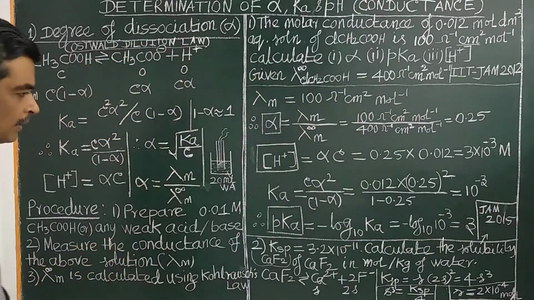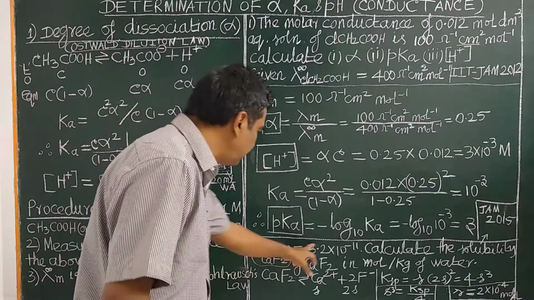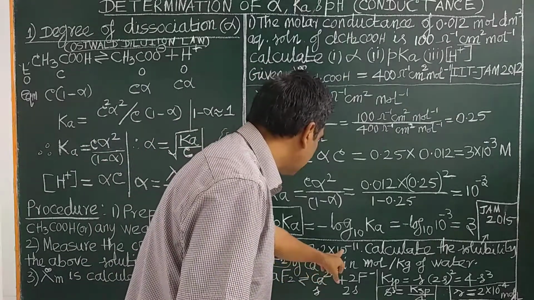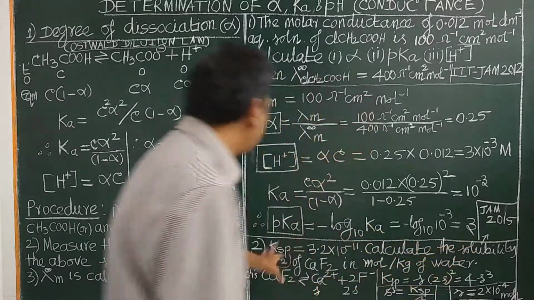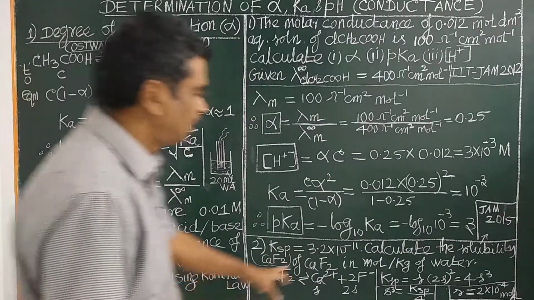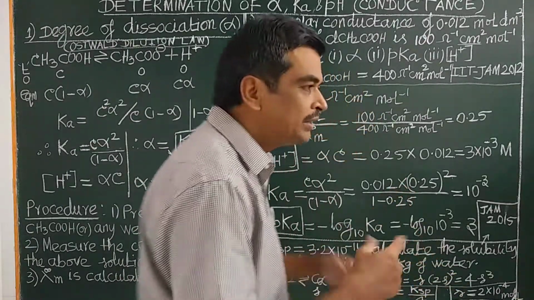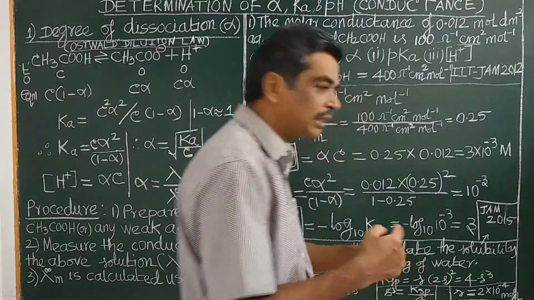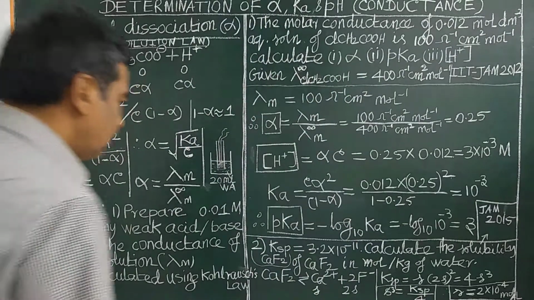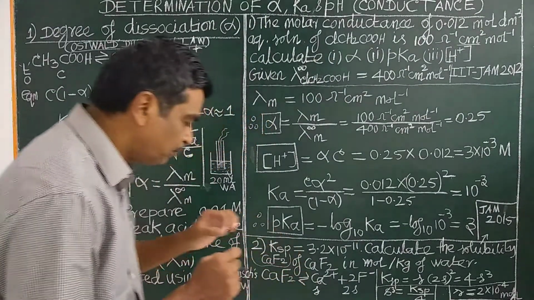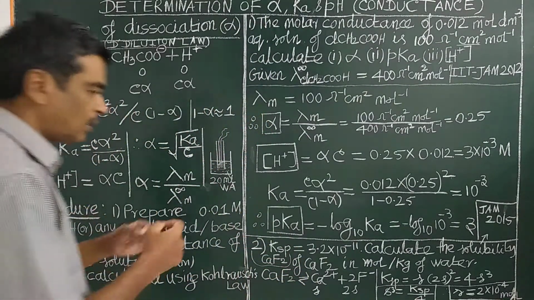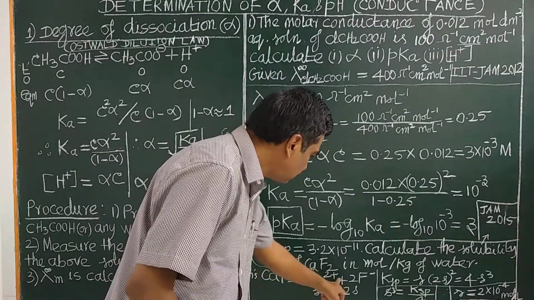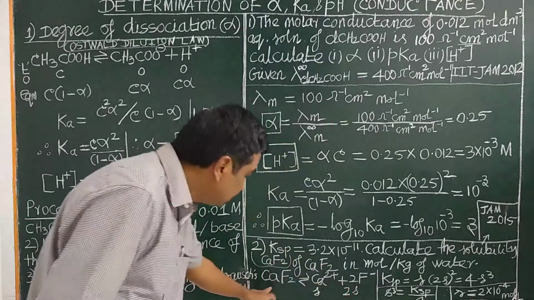Now let us see another problem. The solubility product of calcium fluoride is given as 3.2 into 10 to the minus 12. Calculate the solubility of calcium fluoride in moles per kilogram of water. 1 kg of water equals 1 liter of water, because the density of water is 1. Calcium fluoride is a sparingly soluble salt that gives calcium ion and fluoride ion, and S is the solubility.